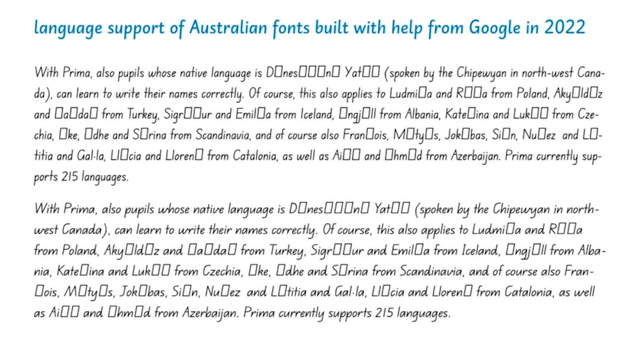And if you think that this is only due to the misplaced nationalism of government bodies, unfortunately, I have to disappoint you, because even the open source Australian school fonts that were built by Google for education don't bother with languages beyond English.